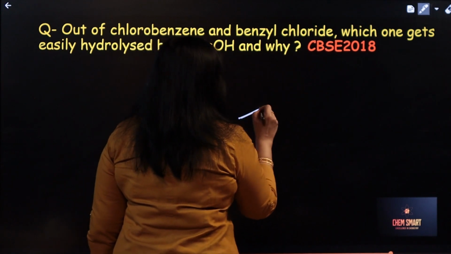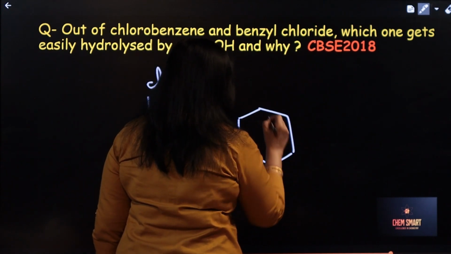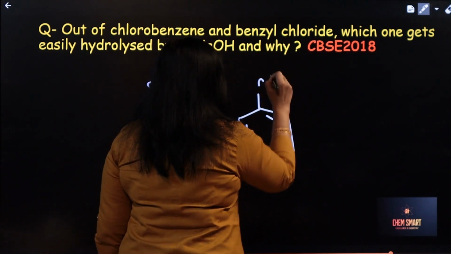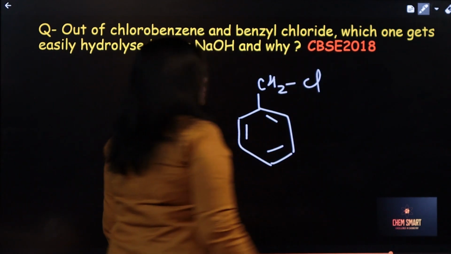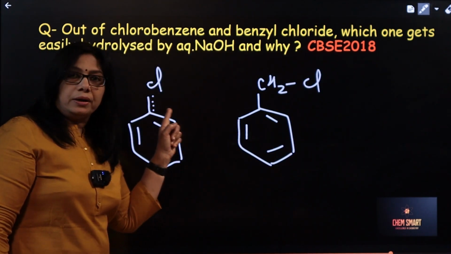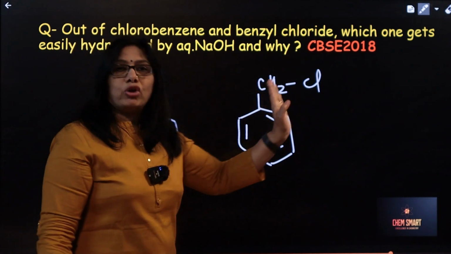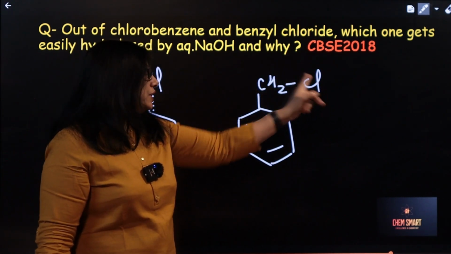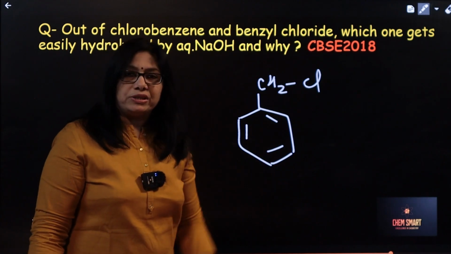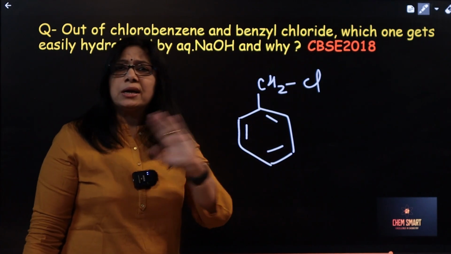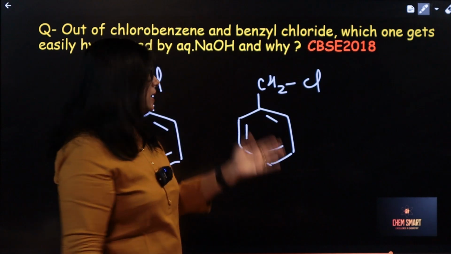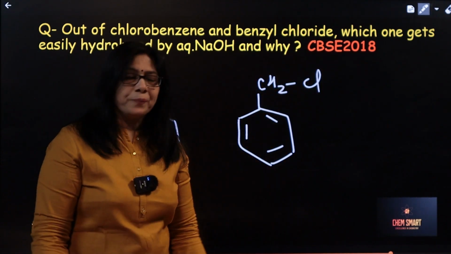Whereas benzyl chloride is benzene with CH2Cl. You know chlorobenzene is a haloarene because the halogen is directly connected to the benzene ring. Whereas this is not a haloarene because the halogen is not connected directly to the benzene ring. So it is not an aryl halide, it is actually an aralkyl halide.